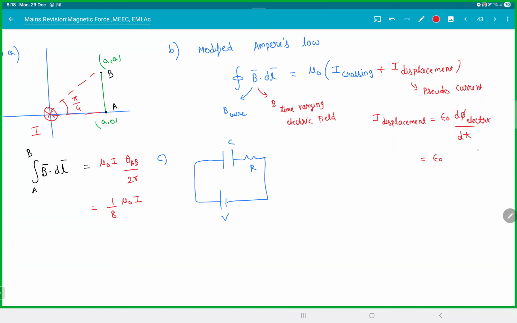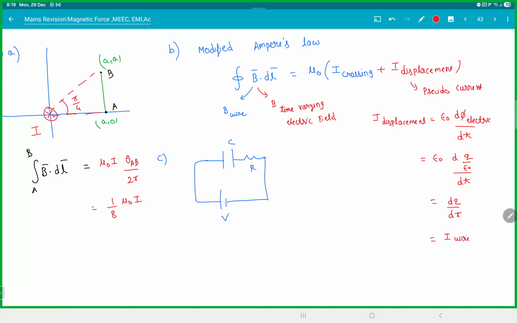So this is epsilon. What is flux? Flux is nothing but q by epsilon, by dt. Epsilon will cancel out. This will be dq by dt. This is nothing but I conduction or I in the wire.